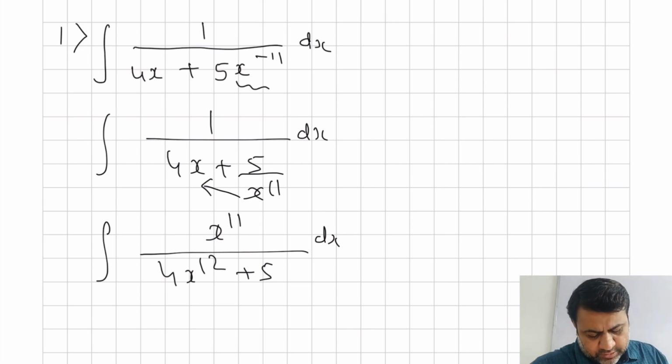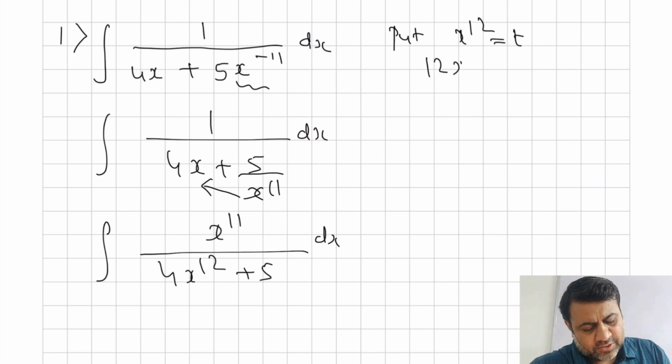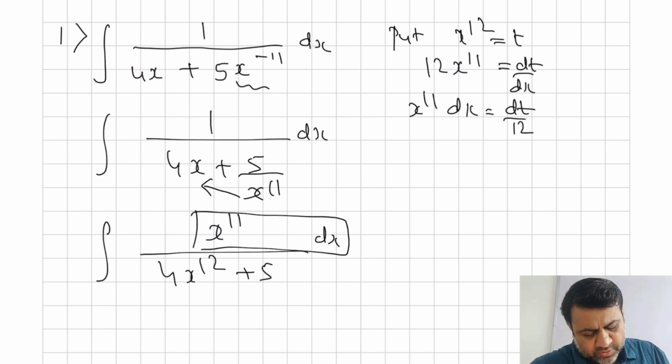I am going to put x power 12 as t. So I get 12 times x power 11 as dt upon dx. By doing this, x power 11 and dx, I will take it as dt by 12.